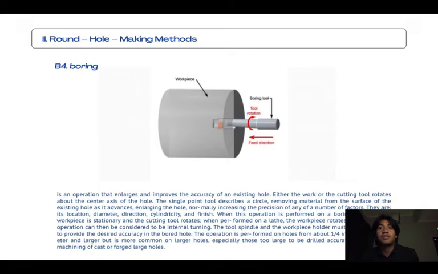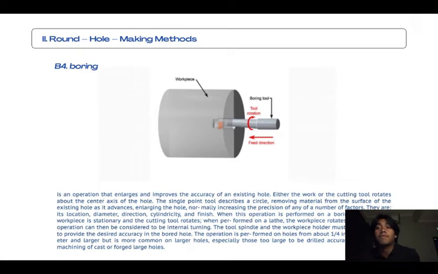This operation is performed on a boring machine, where the workpiece is stationary and the cutting tool rotates. When performed on a lathe, the workpiece rotates, so the operation can then be considered to be internal turning. The tool spindle and the workpiece holder must be rigid enough to provide the desired accuracy in the bored hole.